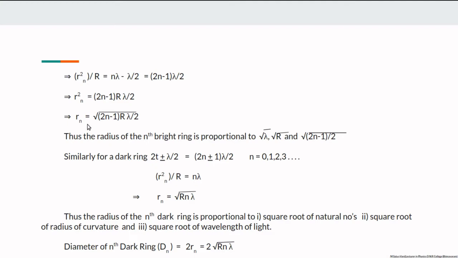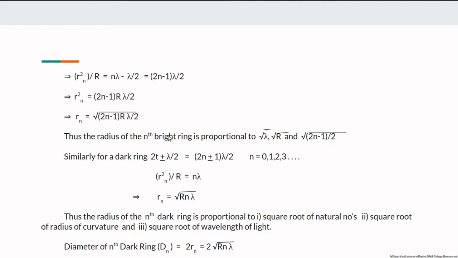From this equation, we can say that the radius of the nth bright ring is proportional to, first, the square root of lambda, that is, the square root of the wavelength of monochromatic light; and second, rn is directly proportional to the square root of the radius of curvature; and it is directly proportional to the square root of (2n minus 1) by 2.